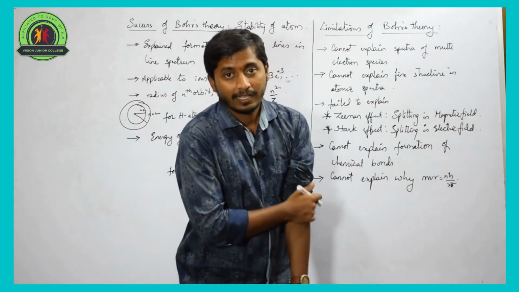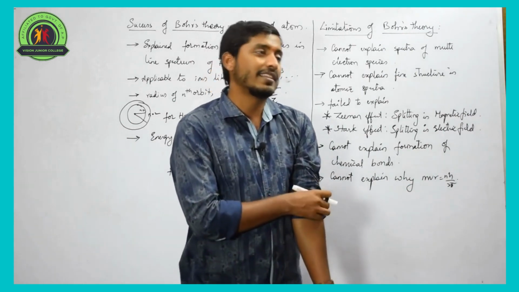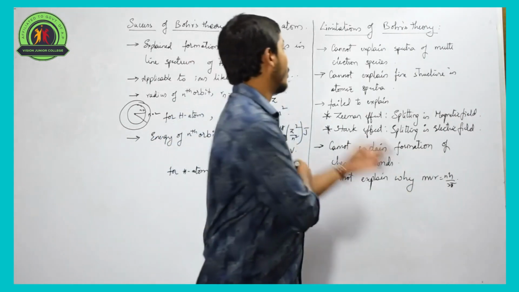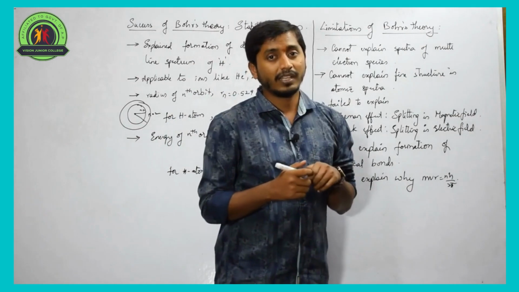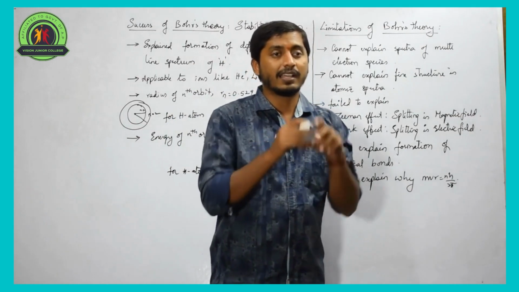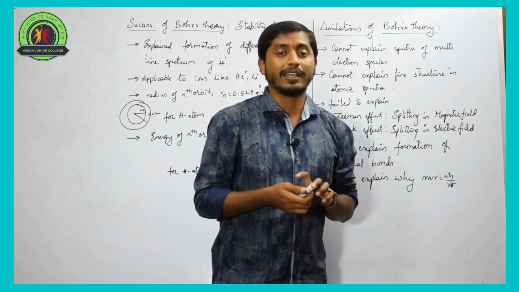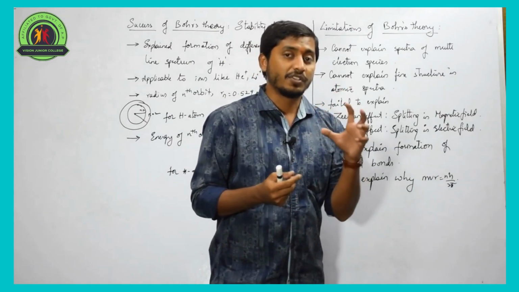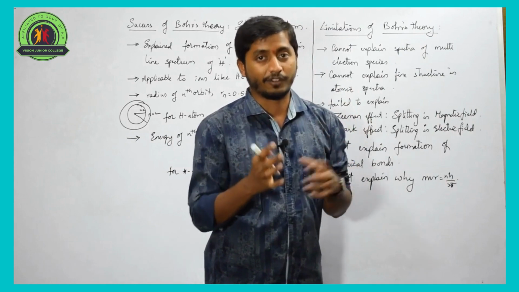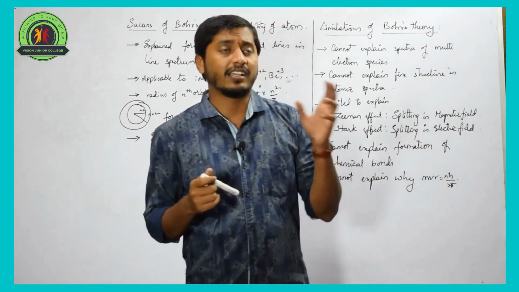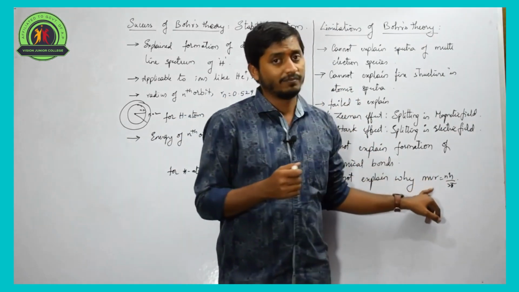And a few more things: he could not explain the position of an electron. He explained just that there is an orbit, but he could not explain the position or the probability of finding an electron. And he could not explain the basic momentum.